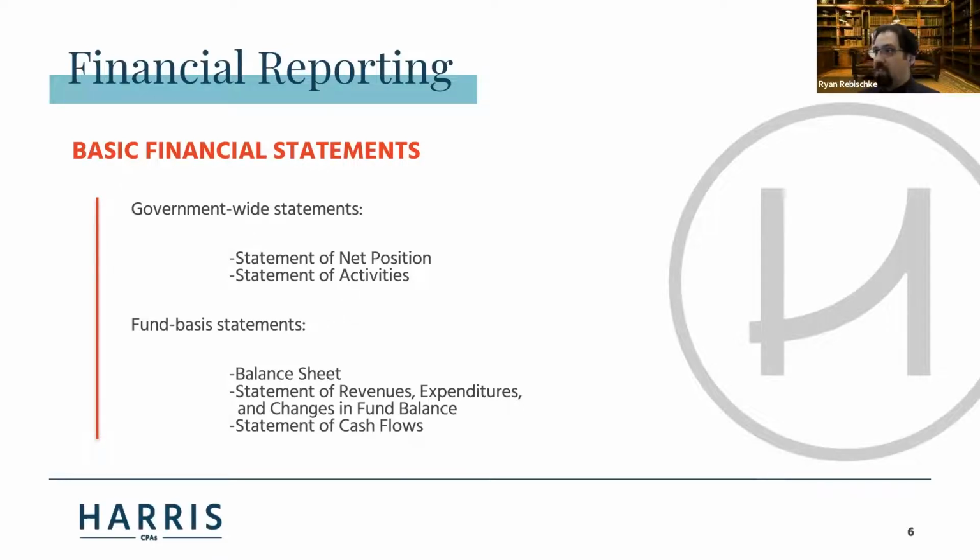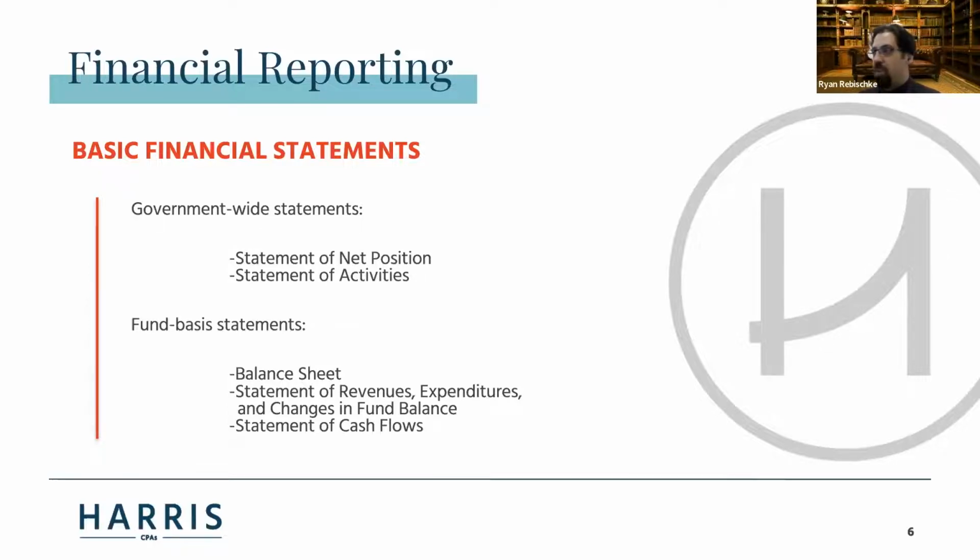There'll be something that talks about the balance sheet, so what assets and liabilities they have, and there'll be something that talks about the profit and loss activity. You'll see that there are two subheaders here, the government-wide and the fund basis. The government-wide follows that full accrual. It shows you the full health of the government entity. What are our long-term assets? What are our long-term liabilities? What does our total picture look like?